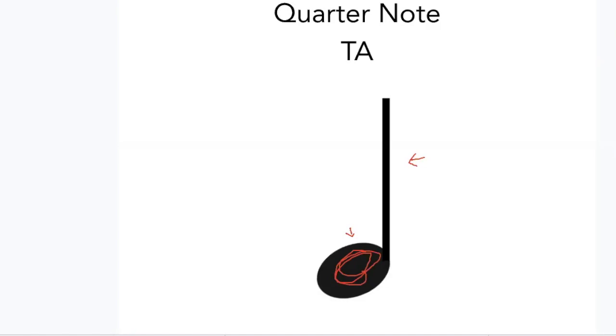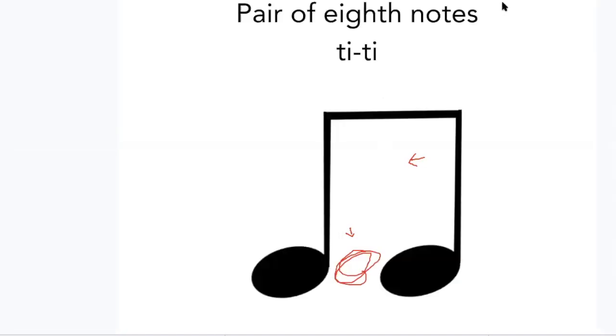Then the next note that I want to talk about is called a pair of eighth notes. Why do you think it's called a pair of eighth notes? Can somebody raise their hand and let me know why you think it might be called a pair of eighth notes? Miracle? Because there is two music notes. Uh-huh. And they are joined together by this part, as you can see.